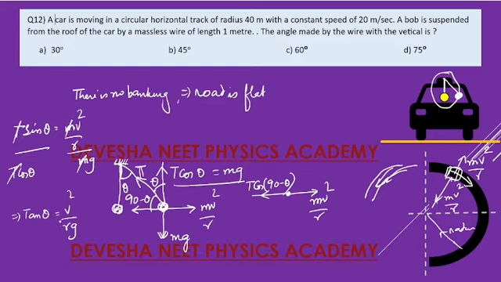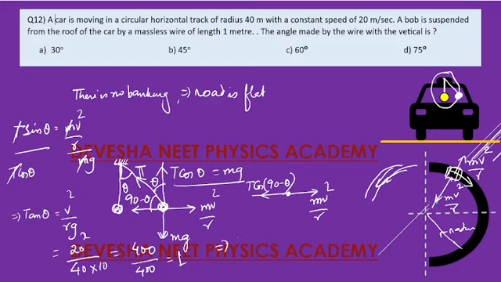Now what is given to us is that the velocity is 20, so 20 square is 400, radius is 40, and g is 10. So this is 400 divided by 400, which is equal to 1.